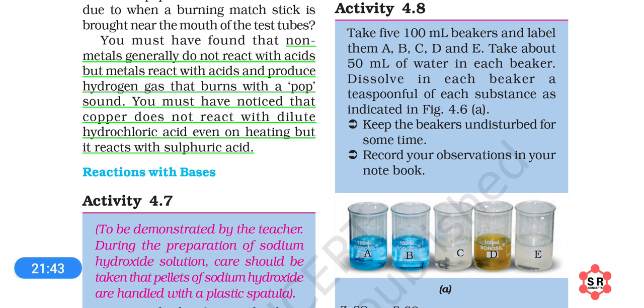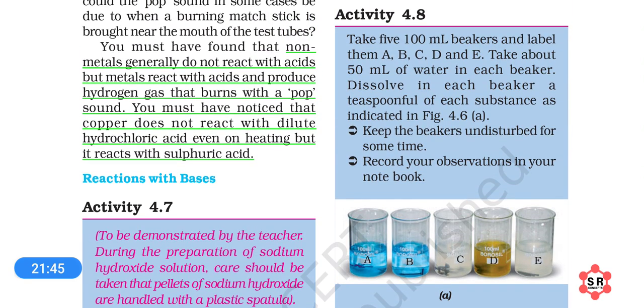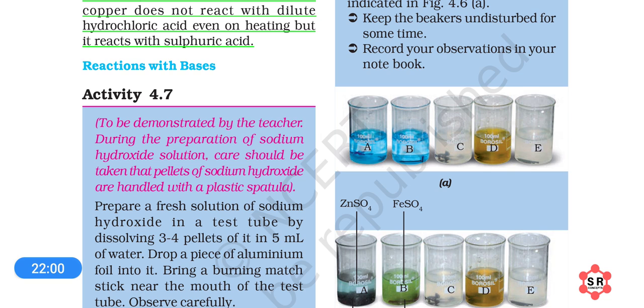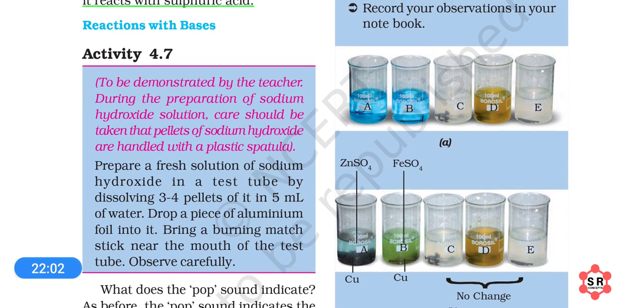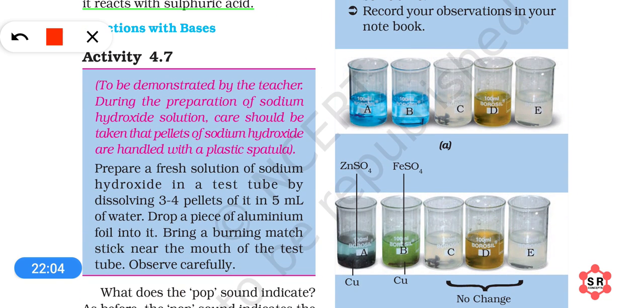Okay, now that we have discussed the reaction of metals and non-metals with acids, we should proceed to the reaction of metals and non-metals with bases. For demonstration of this, we will be learning about activity number 4.7.